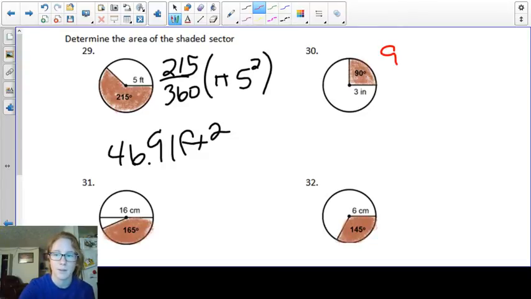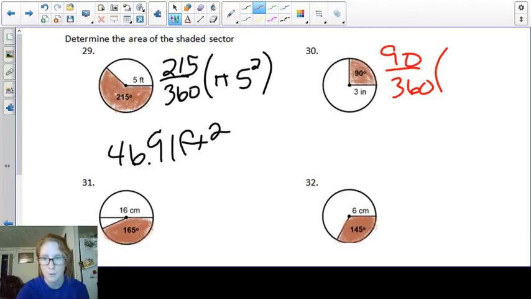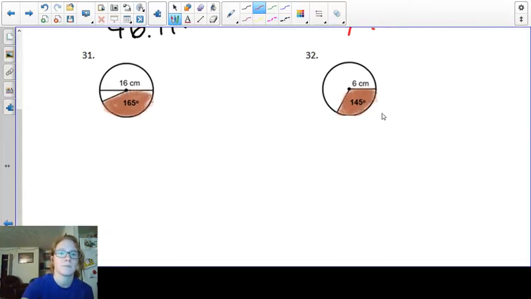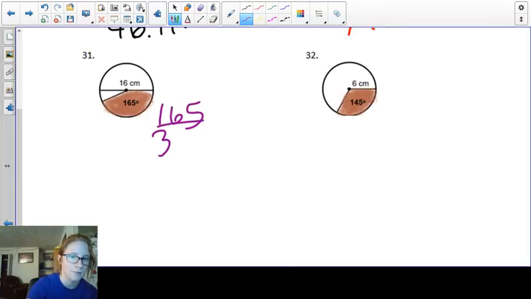And this one I'm going to have 90 over 360 times pi 3 squared, which would be 7.07 inches squared. On 31, I have 165 out of 360 times, now I need my radius.